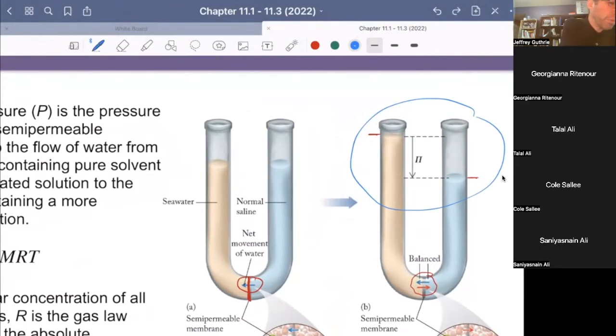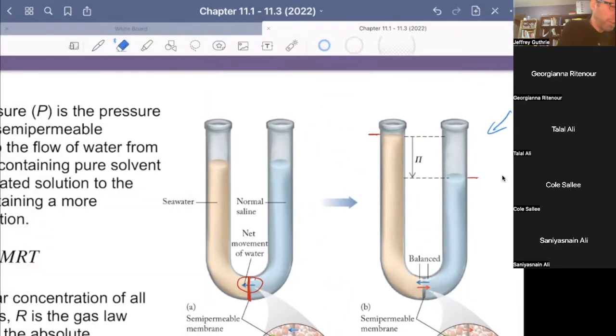Now, if we want reverse osmosis, I'm just going to use this one right here. Let's say we started with this situation where we have a higher salt concentration, or a higher level on the seawater side than there is on the saltwater side. Just ignore these balanced arrows.